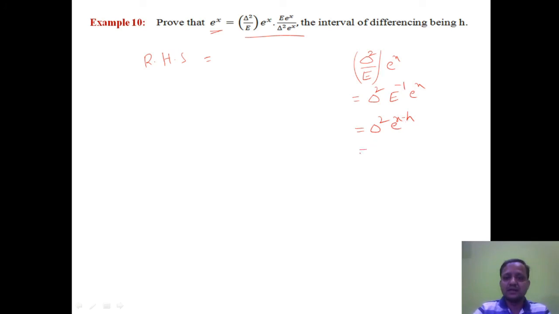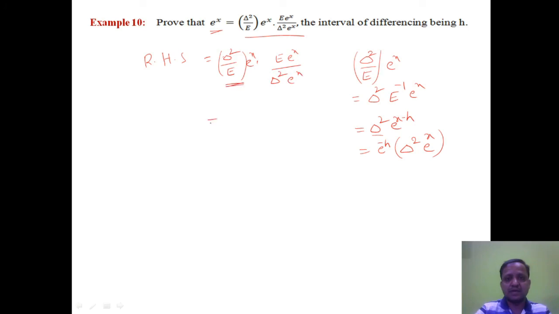Okay, so we are applying the forward difference operator. E power minus h, the constant, we can write outside: delta square on e power x. So in this part we can write delta square by E power x, with the shift operator, delta square e power x.